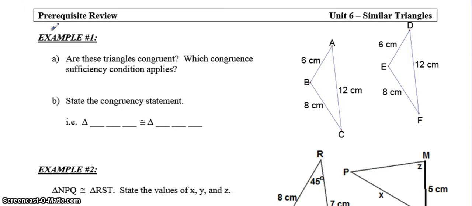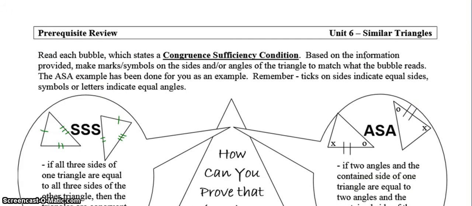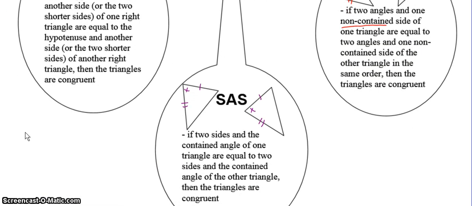So in this example, we want to find out, are these triangles congruent? Which congruent sufficiency condition applies? Whenever it talks about a sufficiency condition, it's asking which one of these applies.